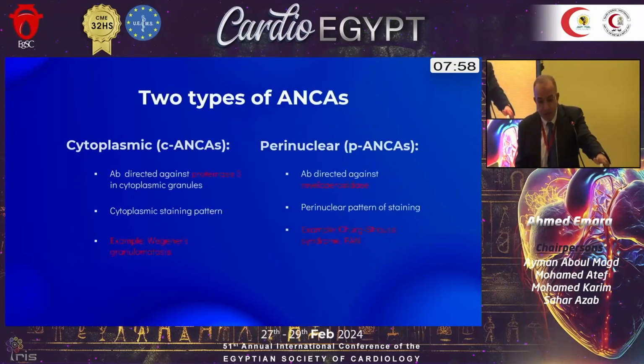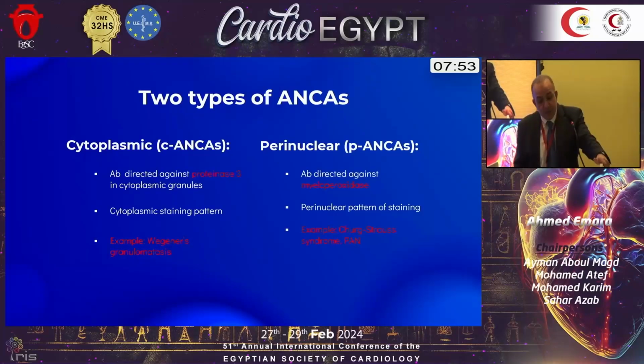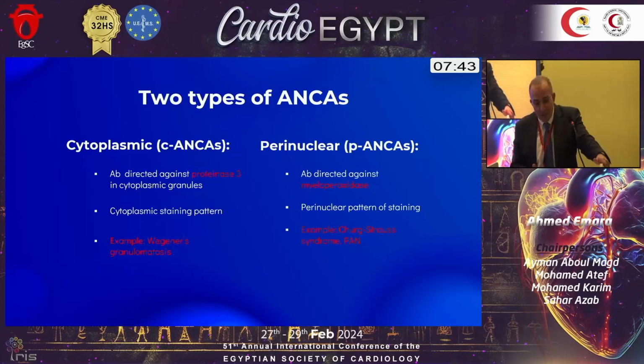There are two types of ANCAs, C-ANCA and P-ANCA: cytoplasmic C-ANCA and perinuclear P-ANCA. The dying neutrophil leaves remnants. These remnants are either cytoplasmic or perinuclear. The cytoplasmic target is called proteinase 3.